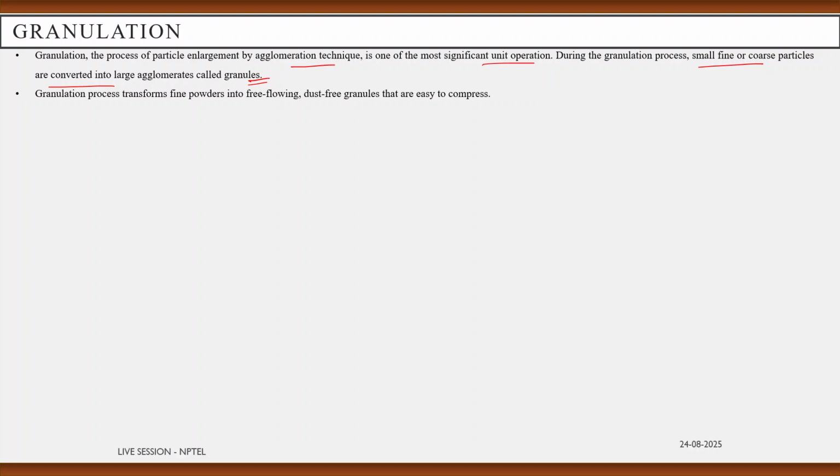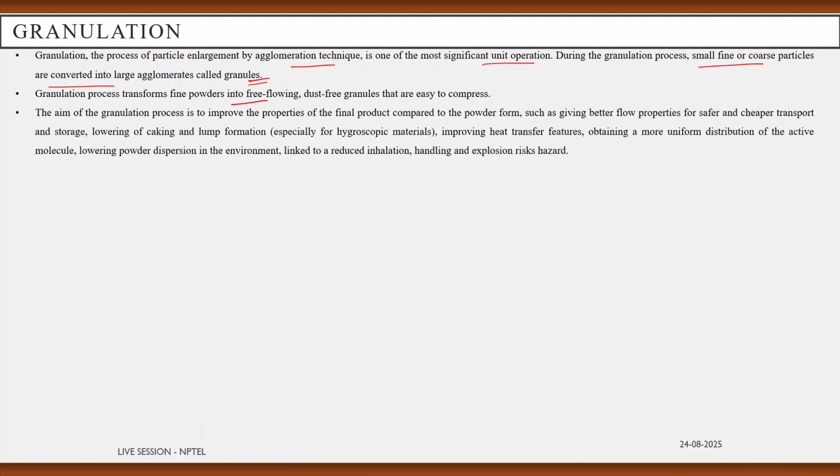This granulation process transforms fine powders into free flowing, dust free, desired product size, and very easy to operate granules. The aim of the granulation process is most important to discuss, that is, why we are doing this operation.